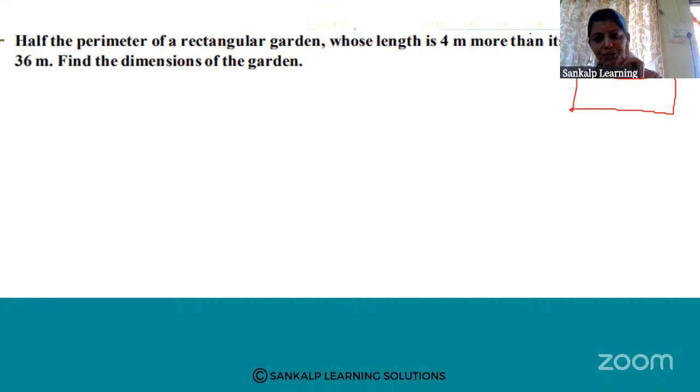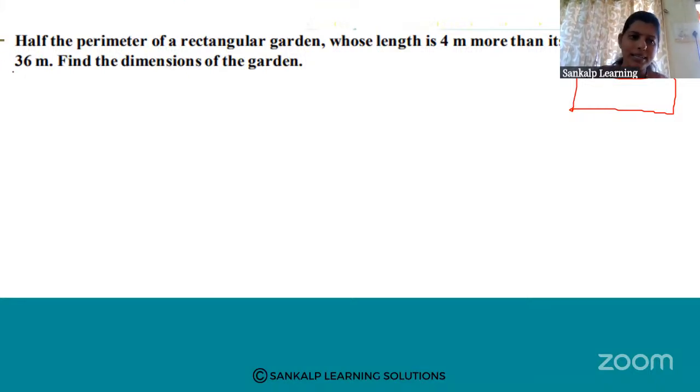That means if you consider the width as x, then the length is 4 meters more than its width, that means x plus 4. Yes or no? So the perimeter they have given is 36 meters. Observe carefully, half the perimeter, 36, they have given.